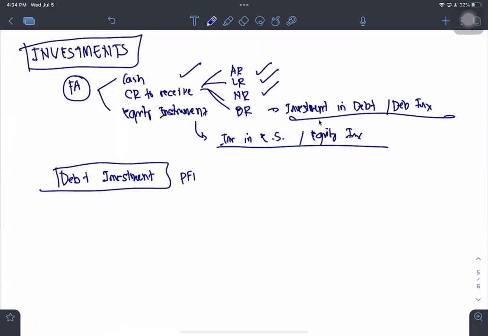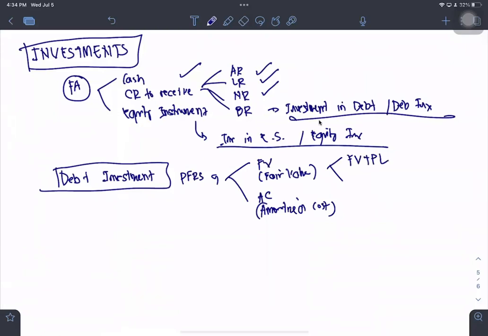Under PFRS 9, a debt investment can be measured at fair value or at amortized cost. In your fair value, it can either be fair value through profit or loss or fair value through other comprehensive income.